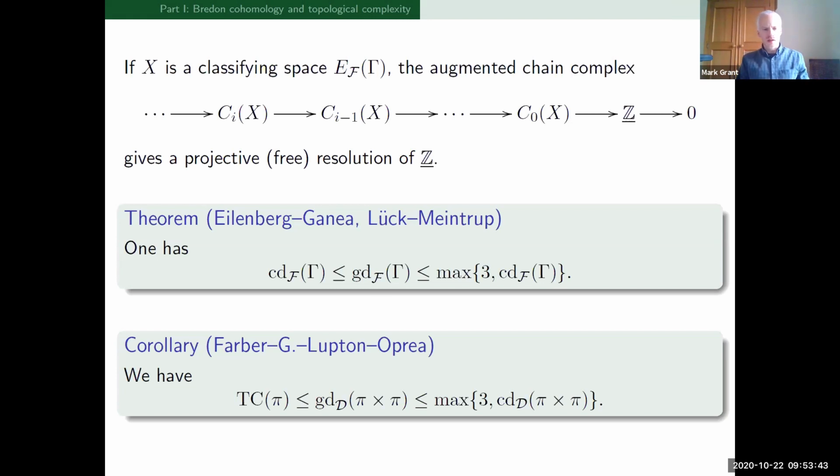Okay, so putting together what we have so far, TC is bounded above by the geometric dimension of this family of subgroups of pi cross pi, which is bounded above by this algebraic quantity. How about lower bounds? We also have a lower bound.